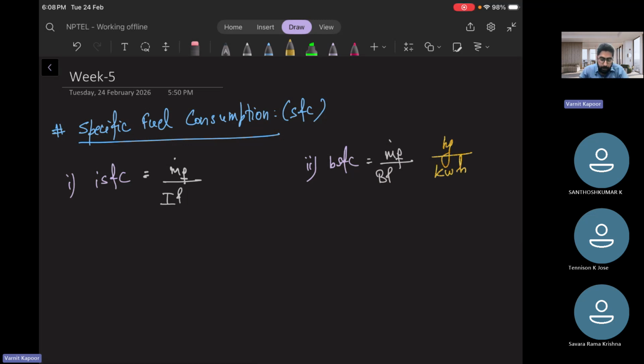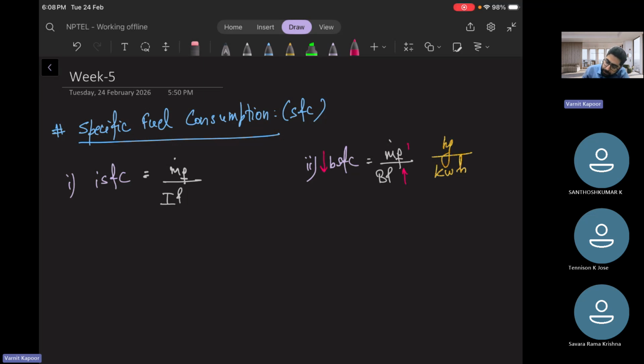If the actual power I am getting is the brake power, whatever I am getting on the wheels or wheel drum of the vehicle in reality, then if more brake power is being generated, less brake specific fuel consumption is required. That means in a smaller amount of fuel, I am able to achieve more brake power. If my brake power is high, the denominator is high, so my brake specific fuel consumption is less.